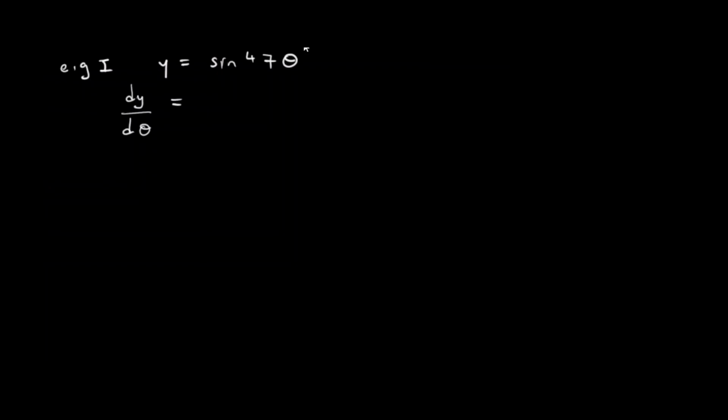So now, calculating dy d theta, we are going to use what is called the PTA strategy. Even when I was in A level, I would write beside it the PTA strategy. So how do we go about the PTA strategy? With the PTA strategy, we start by differentiating the power. The power we have here is 4, sine to the power 4.